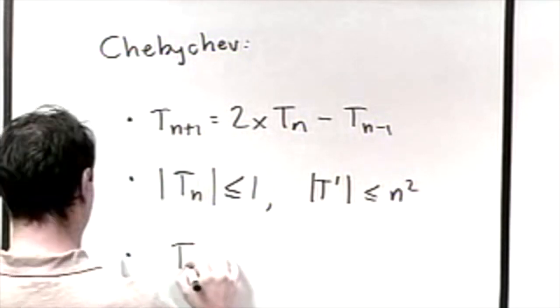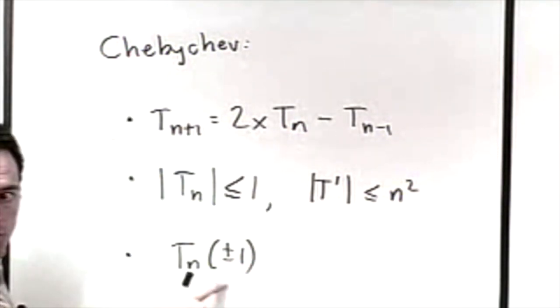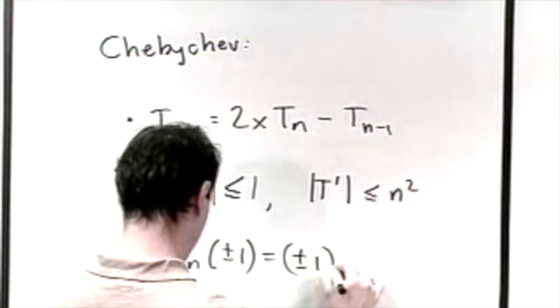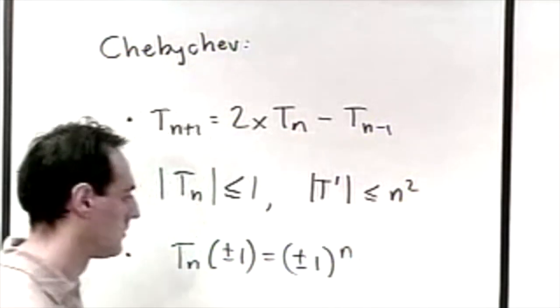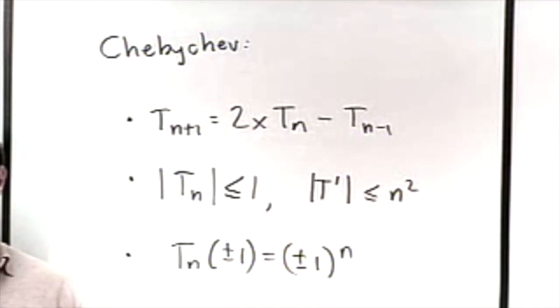Also, if you remember the graph I drew there, the polynomial at plus and minus 1 is either at 1 or minus 1. Okay?